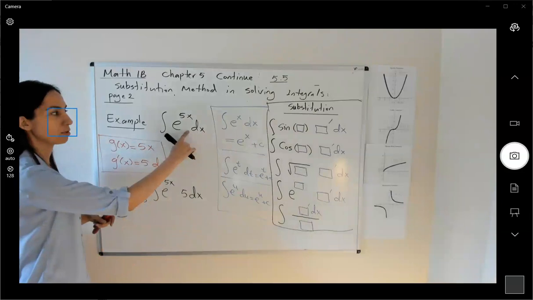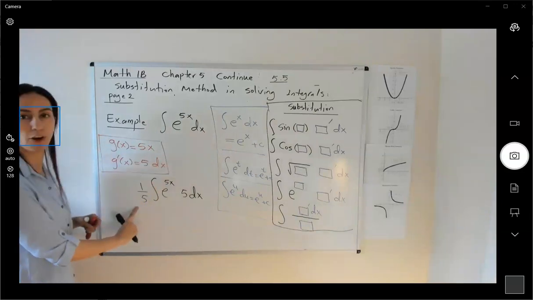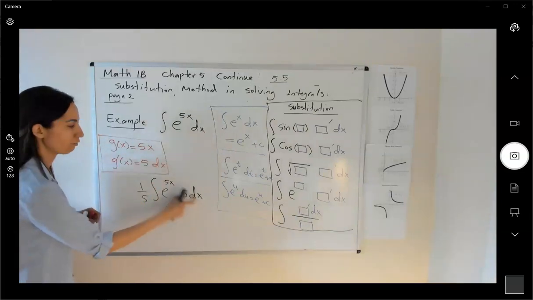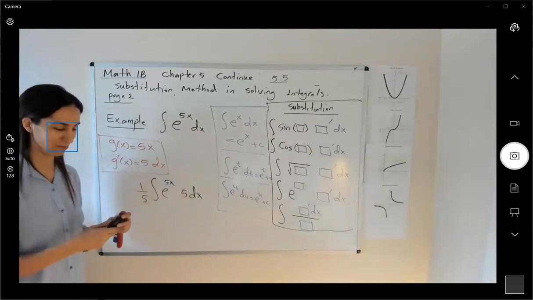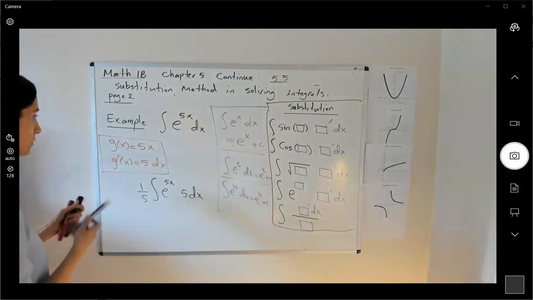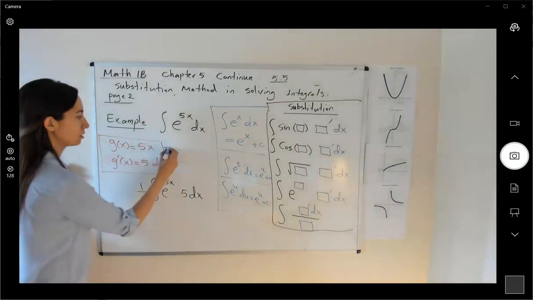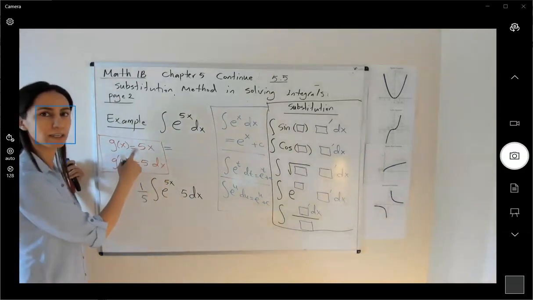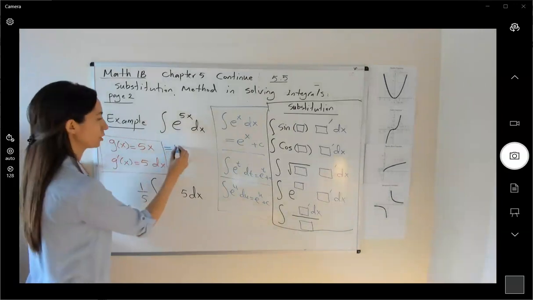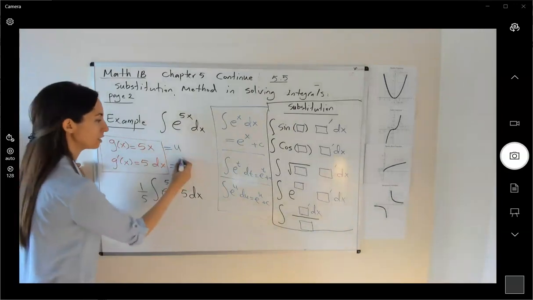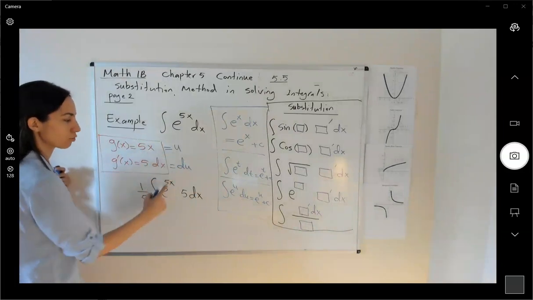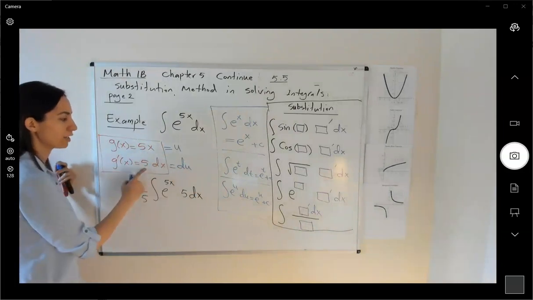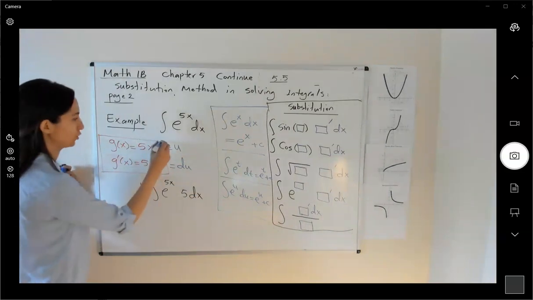I just multiply this by 5 and divide by 5 because I need 5 dx here to apply u sub method. So your g of x, your 5x, is just a new variable like u, and 5 dx is du. Wherever you see 5x, you write u. Wherever you see 5 dx, you write du.